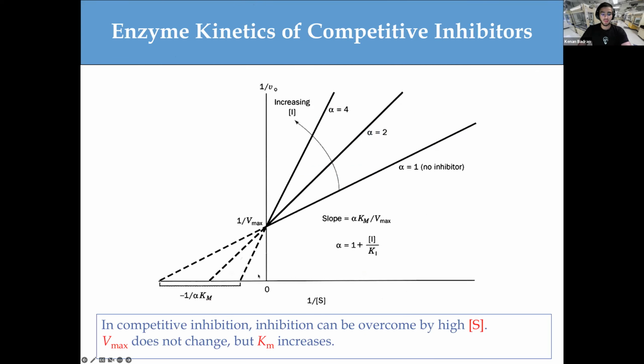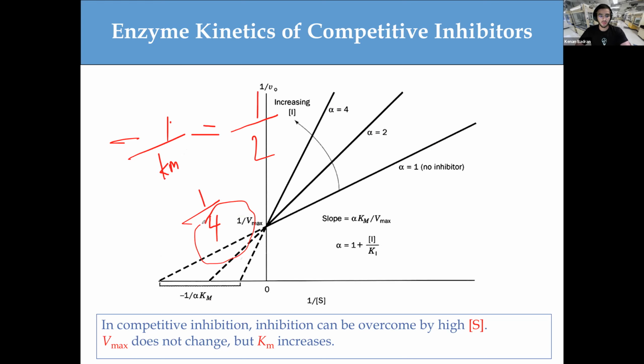So if the Km increases, now look at how the formula is. We said it is 1 over Km, and this is a negative value. So let's assume we went from 1 over 2 to 1 over 4, right? This means the Km increased. In other words, its affinity decreased.